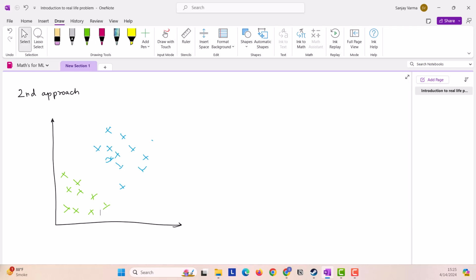So this is, let's say, our scatter plot. Now, based on the plot, we can say that the blue ones are type 2. Let's say these are type 2, right? And green ones are type 1.